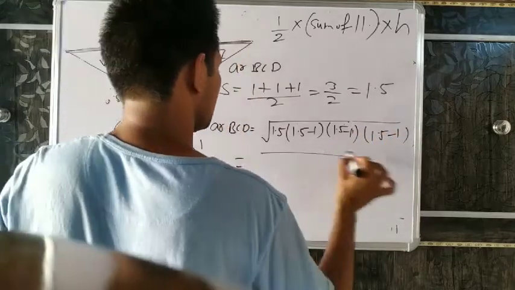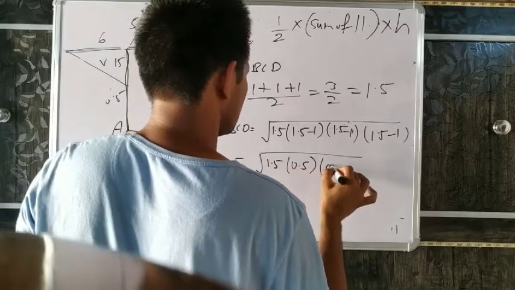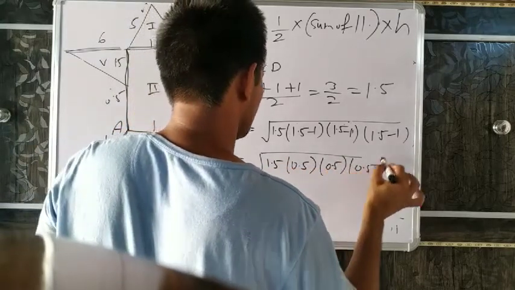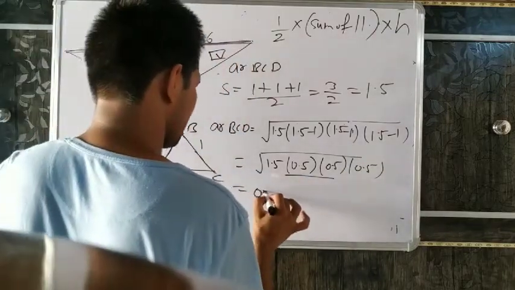So what remains is 1.5, 0.5, 0.5, 0.5. The pair 0.5, 0.5 comes outside.